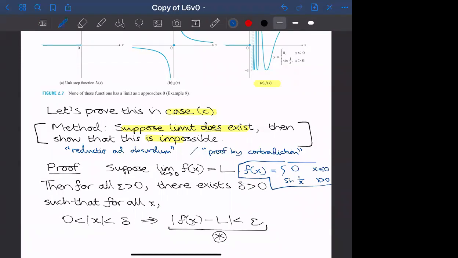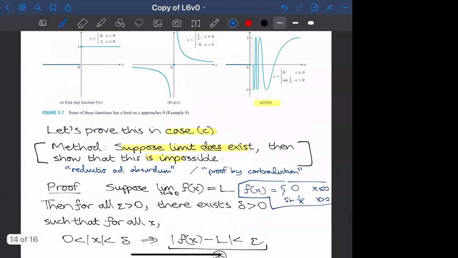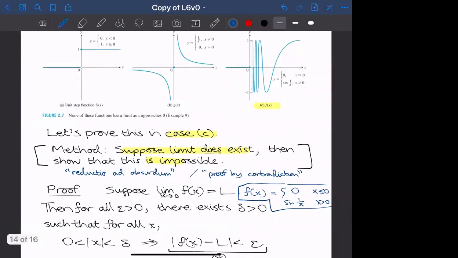Suppose the limit as x goes to 0 is some limit L. Suppose the limit exists. Okay, and let's look at the graph here.